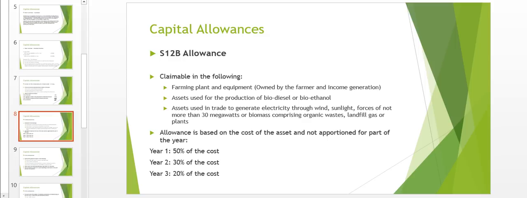These are just some examples, but there's a whole list, and you can actually find the Tax Act specifically mentioning what are manufacturing assets and what are not manufacturing assets. So you can go on the website and look for that.